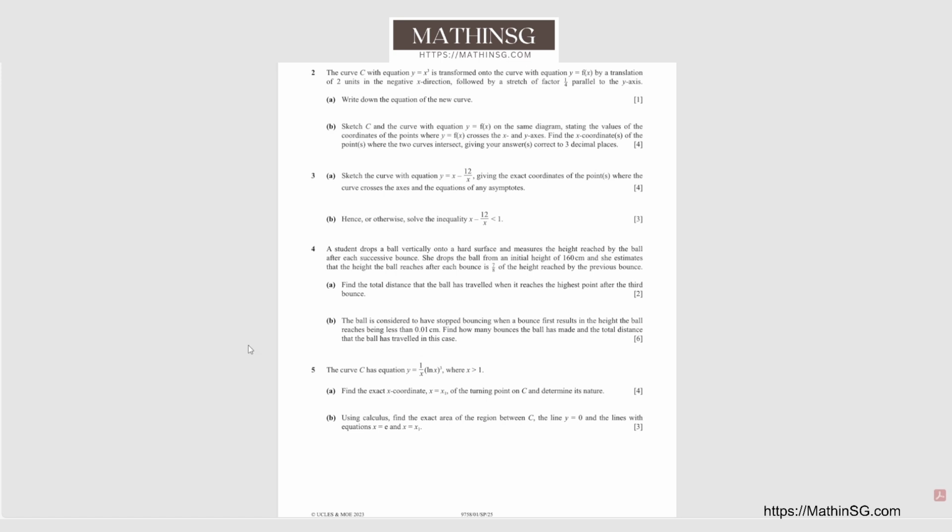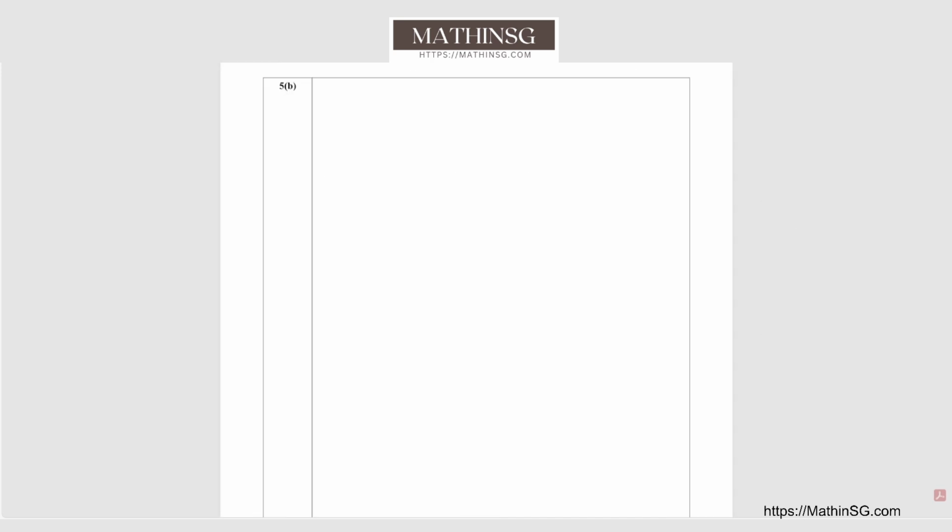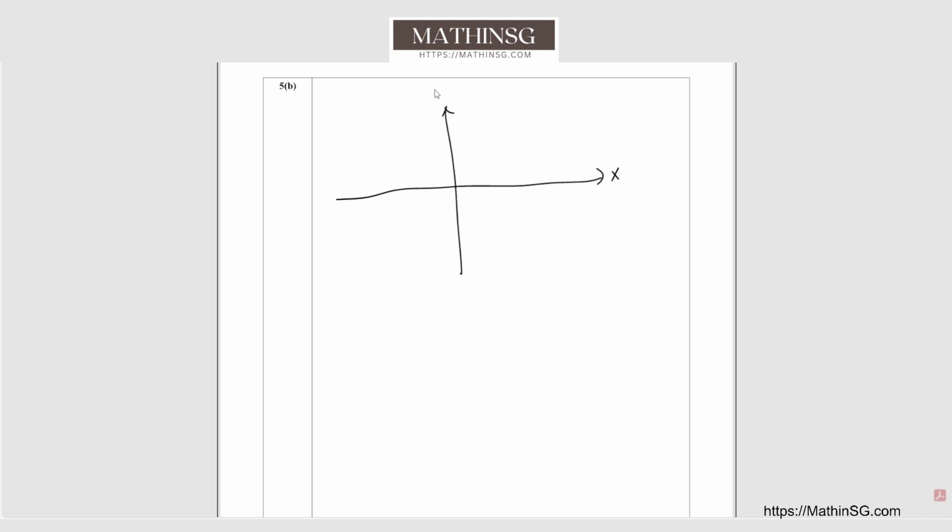Let's do a quick sketch of this curve, because it's easier to visualize if you know what you are sketching. From the GC, we know that the curve looks roughly like this. Let me sketch it out. It looks something like this.